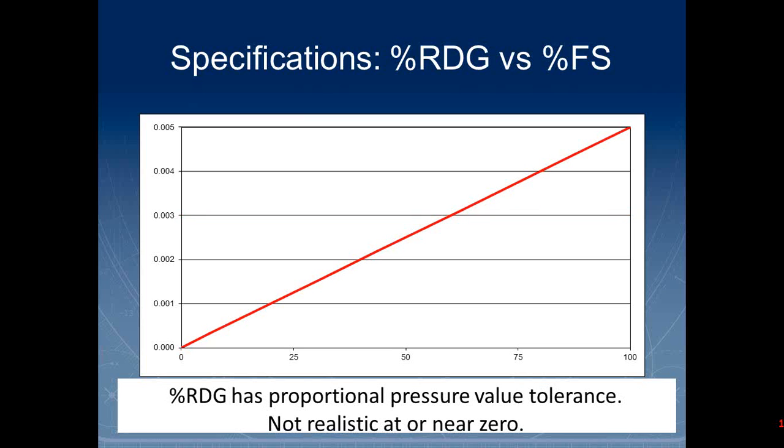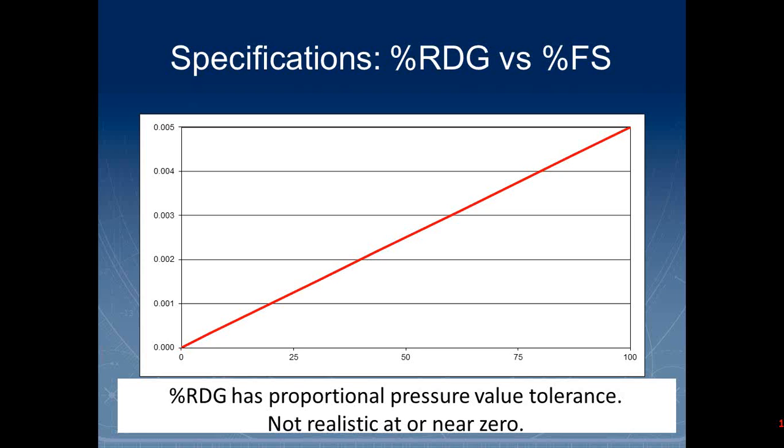For percent of reading, in this case 0.005% of reading, at full scale, that value would be 0.005, and it is represented as a straight line from there to 0. So at mid-scale at 50, the contribution is 0.0025.